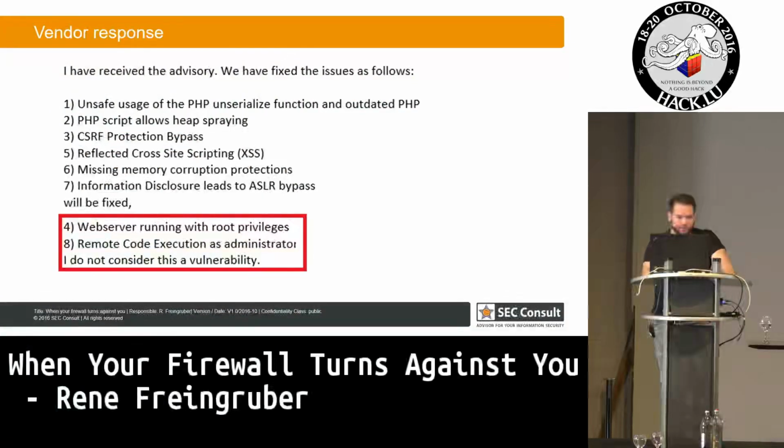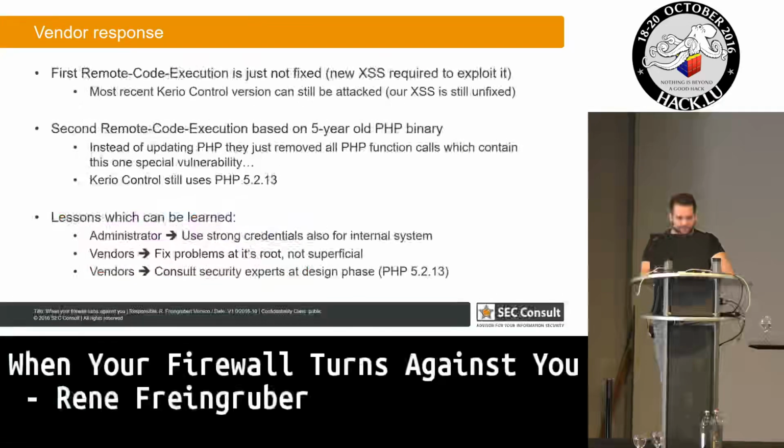And yeah, the vendor just responded to us, okay, many of the vulnerabilities will be fixed, but for example, web server running as root is not a vulnerability, they will not fix this. And also the other remote code execution which was not fixed, they just will not fix this because it's not a vulnerability for them. And the second remote code execution, where they're using a 5-year-old PHP binary, they just fixed it by removing all unserialize codes, which is really bad because the 5-year-old PHP binary has many other vulnerabilities in it.